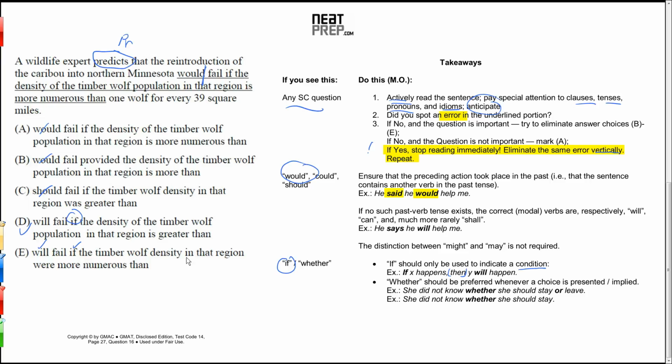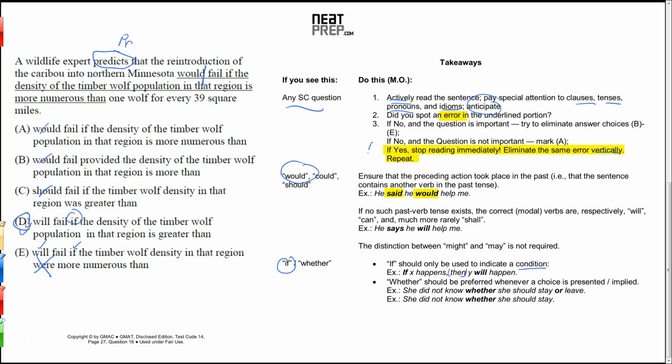The mistake here is somewhere else. In that region, were more numerous than. No, the word were is used whenever we have a hypothetical conditional that talks about an unrealistic past. For example, if you were to call me, I would have come, but you didn't call me, therefore I didn't come. So that answer choice is incorrect.